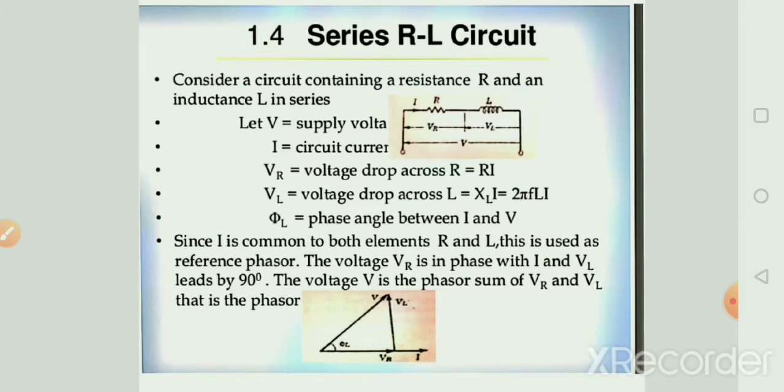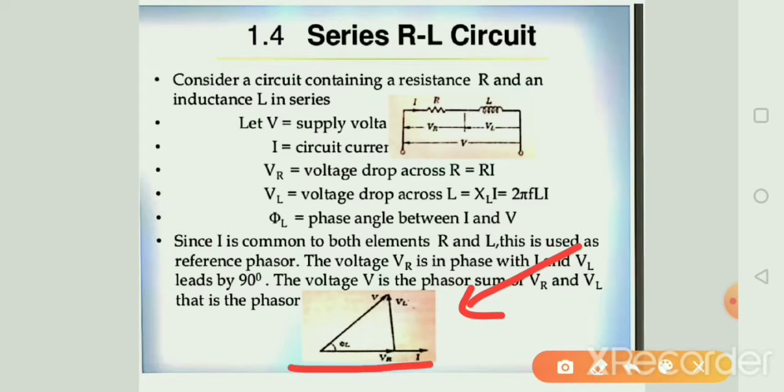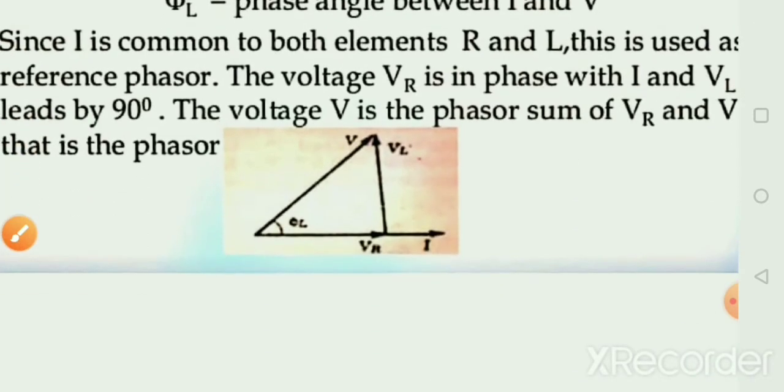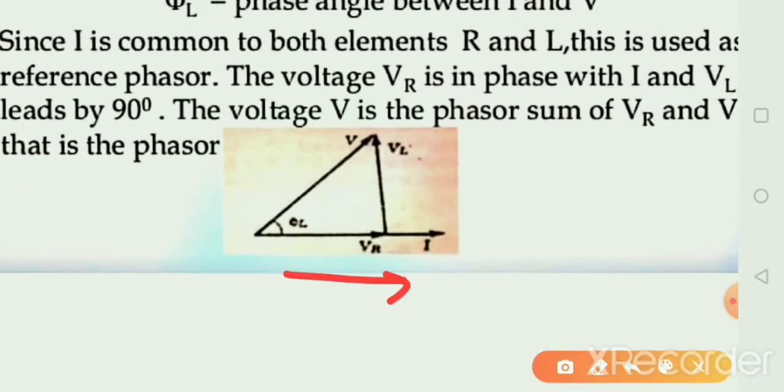After combining both, we can get the phasor diagram. Here we take current as a reference, and we know that V and I in the resistive case are in the same phase, so we denote it VR, the voltage drop across the resistance.